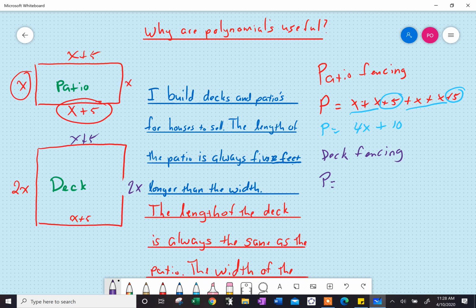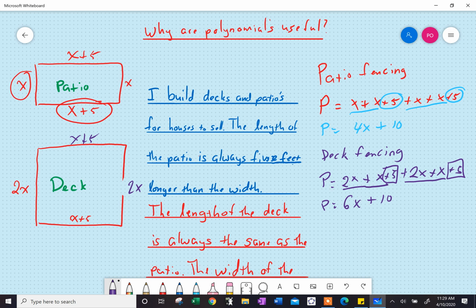So I get 2x plus x plus 5 plus 2x plus x plus 5. And now my perimeter, I'm going to add up all my x values. So 2x plus x, 2x plus x, so that's 2, 3, 4, 5, 6. I have 6 x's, and then I'm going to add my constants, I get plus 10.